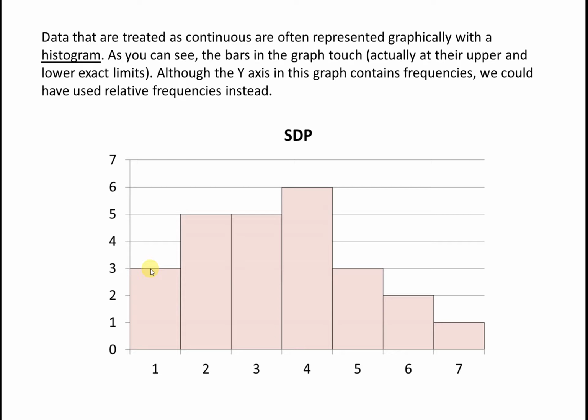I could just as easily create a histogram using relative frequencies along the y-axis. The height of the bars represents the number of cases observed at each of these values on x. The bars are touching and representing the upper and lower exact limits for each of the intervals.